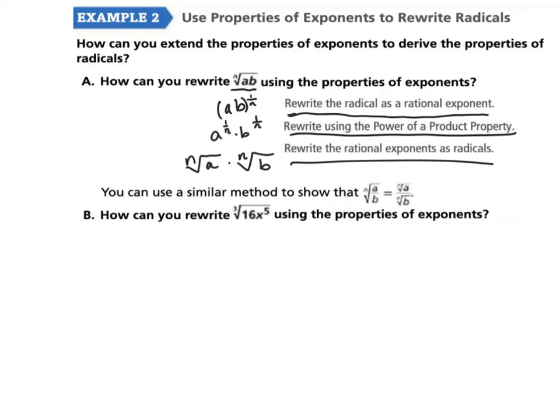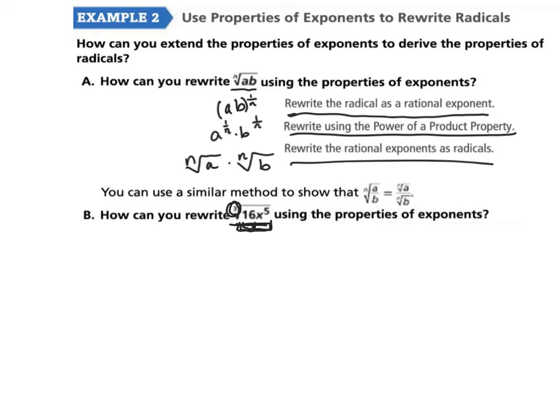So let's look at how to do it with numbers and variables in it. Okay, so B says, how can you rewrite this? So what we want to do is reduce this down, right? We want to figure out what things in 16 and x to the 5th we can take the cube root of.